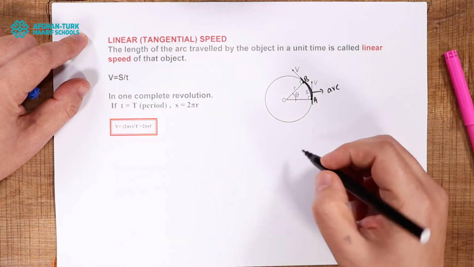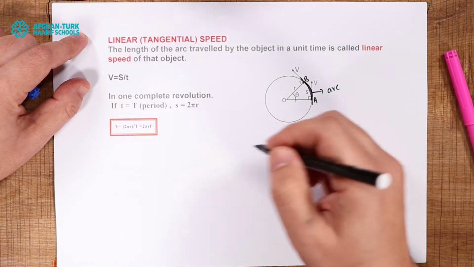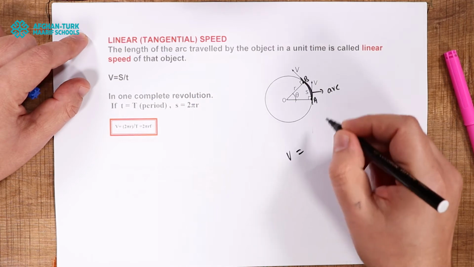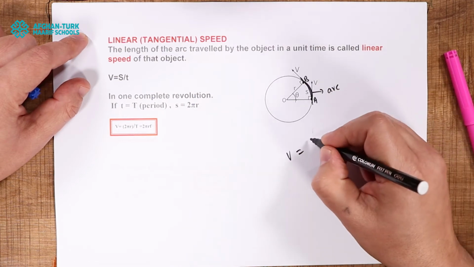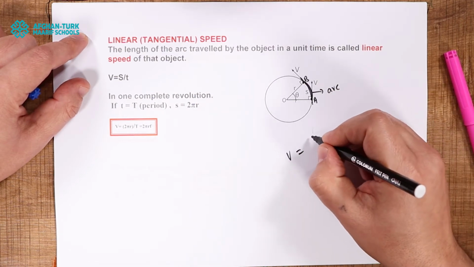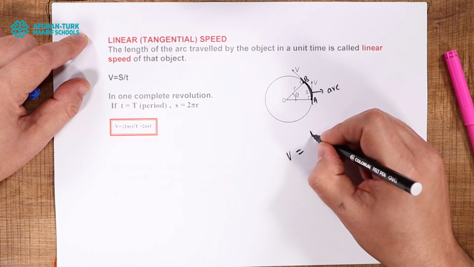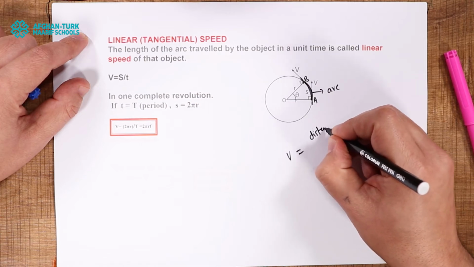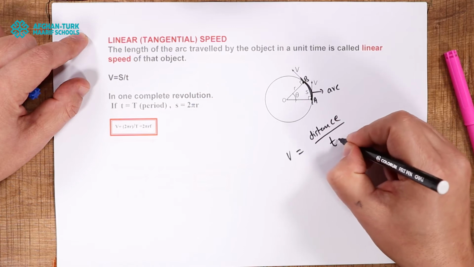So we know that speed is denoted by v, and for linear speed we wrote the formula distance divided by time.